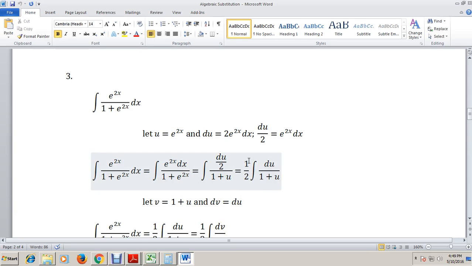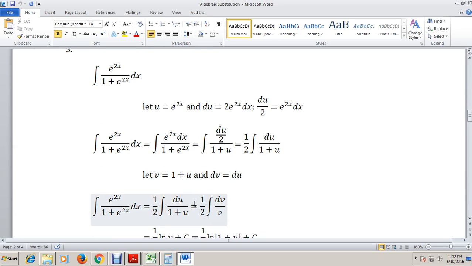Now, 1 half integral of du over 1 plus u becomes 1 half integral of dv over v.